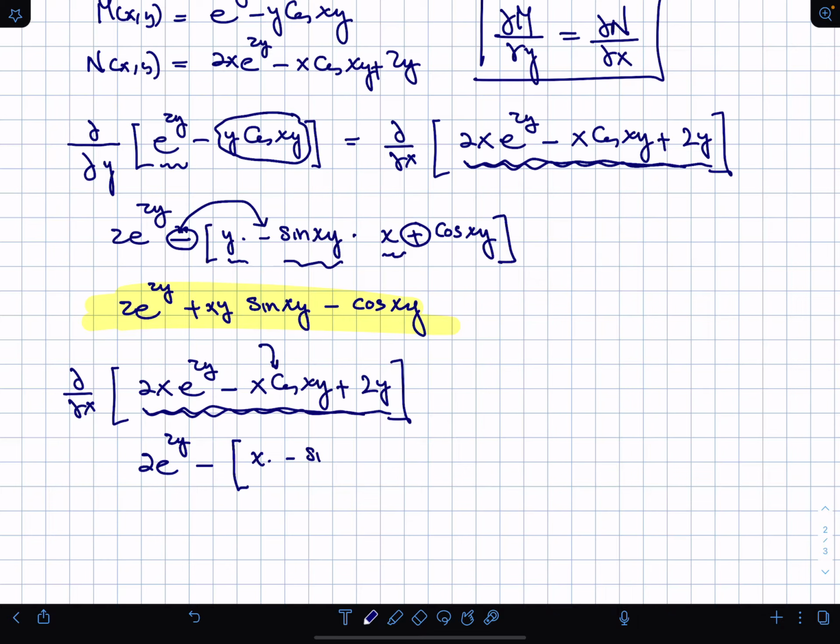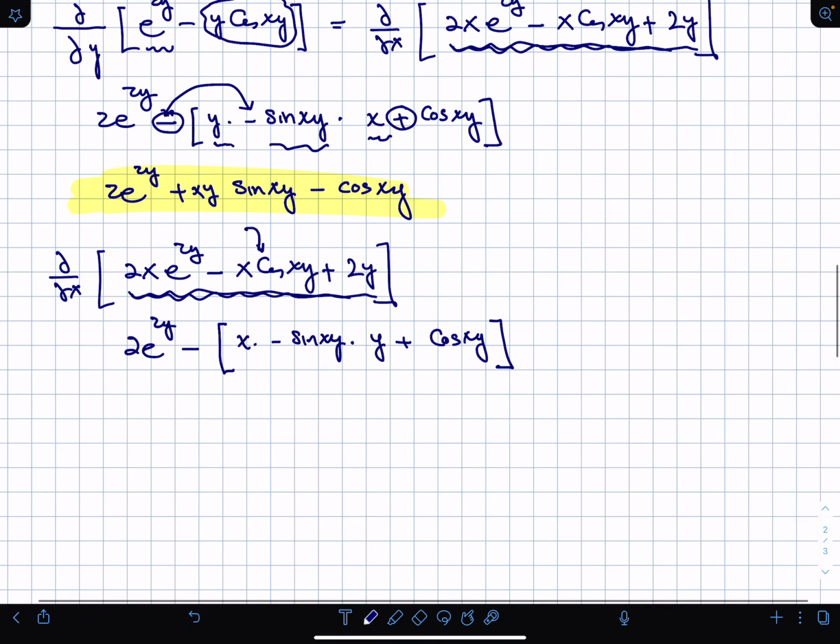so it'll be first times the derivative of the second, but this time with respect to x, so here it will be y, plus the second times the derivative of x with respect to x, which is 1, plus the derivative of 2y with respect to x, which is 0. So if I clean this up, 2e to the 2y plus xy sine of xy minus cosine of xy.